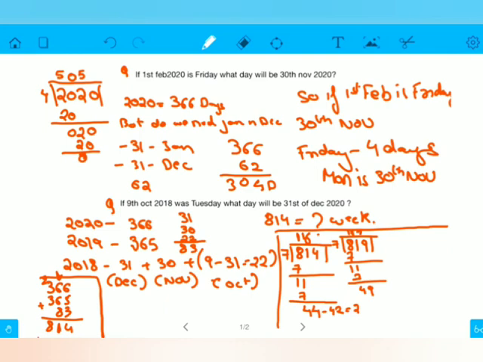So now we have 117 weeks. But we added 5 days.